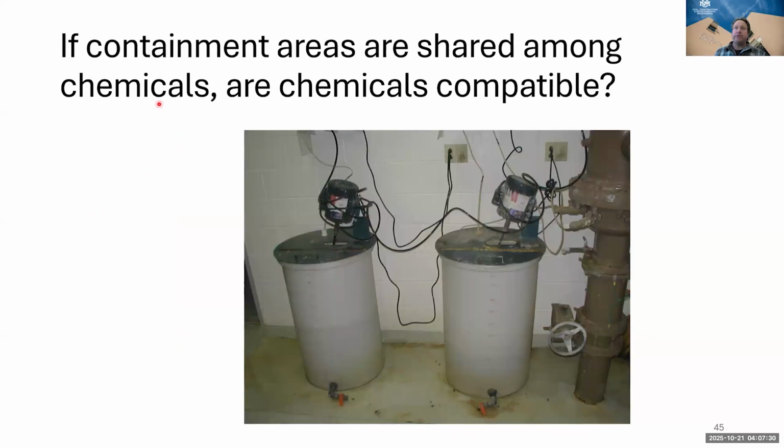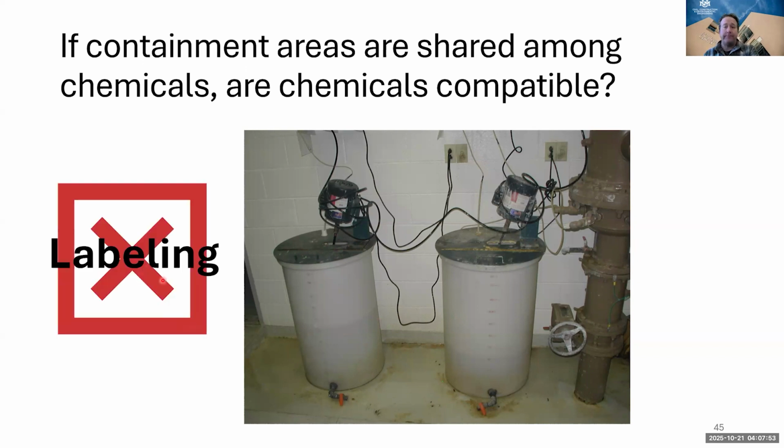If containment areas are shared among chemicals, are the chemicals compatible? Here we have two different chemicals. This actually is a recessed concrete well, a chemical containment area in case there was a leak. When you come along this situation, are these chemicals compatible? Well, it's hard to tell, right? Because they did a crummy job with labeling.